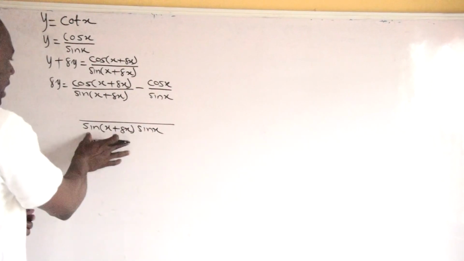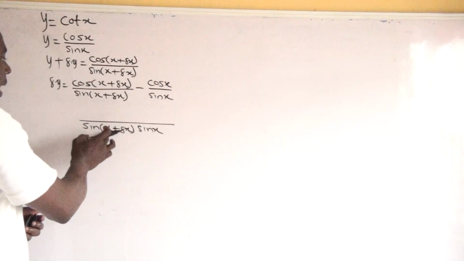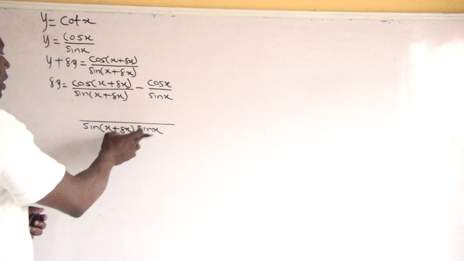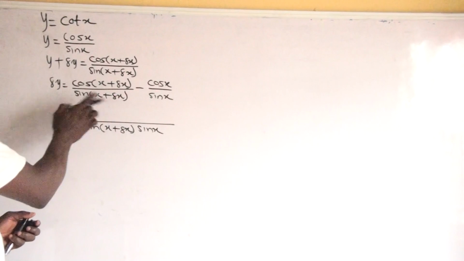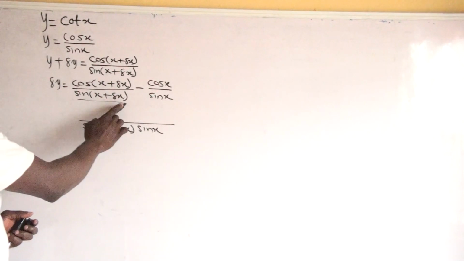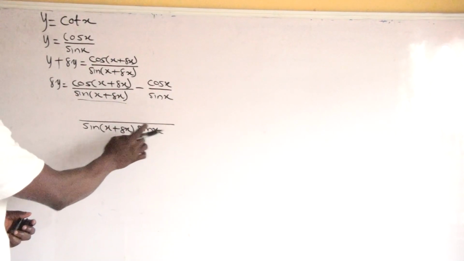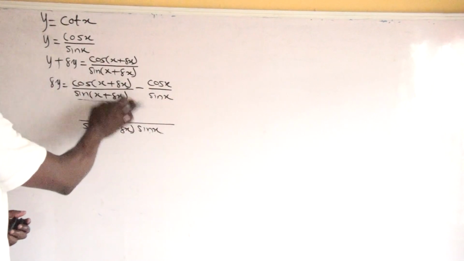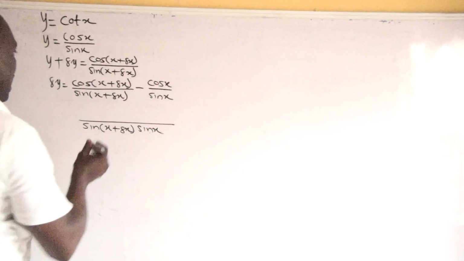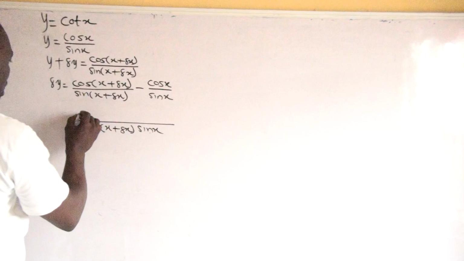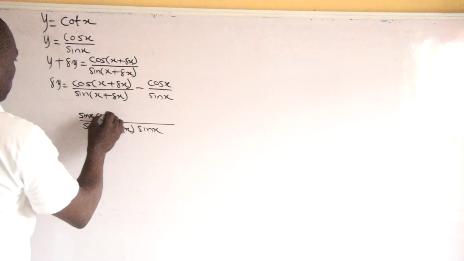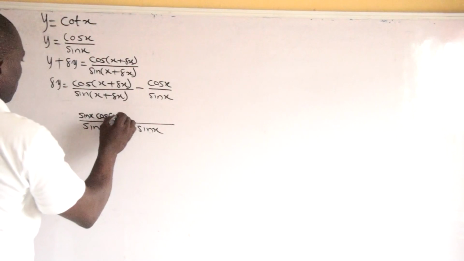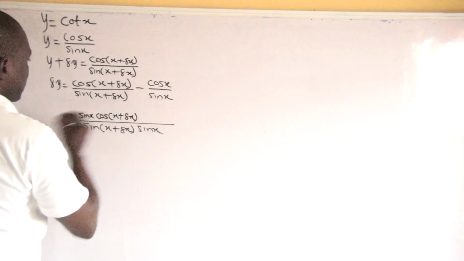If we divide by the denominator of this fraction, what will be left here is just sine x, and sine x will multiply the numerator of this fraction, so this fraction becomes sine x cos(x plus delta x).